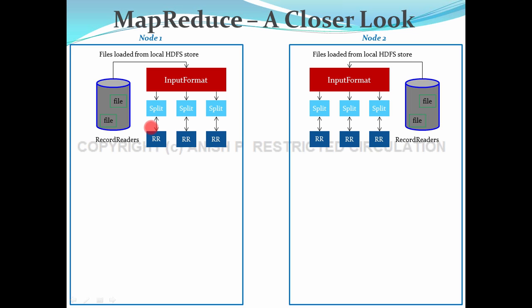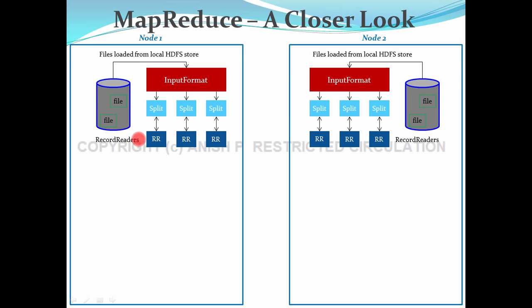The third component is the record reader. Till now we understand that input format helps in reading the data. It defines the split and how to read the data. It helps the record reader to read the data. Record reader is the actual class that reads the data and converts it into key value pairs.